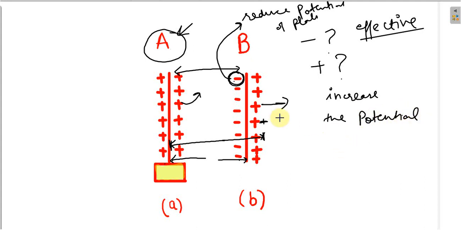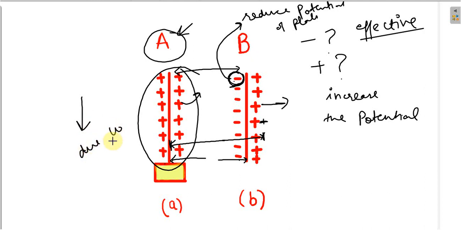Because the negative charge is very near to plate A, it is more dominant. So overall, the potential of plate A decreases due to the negative charge induced on plate B.